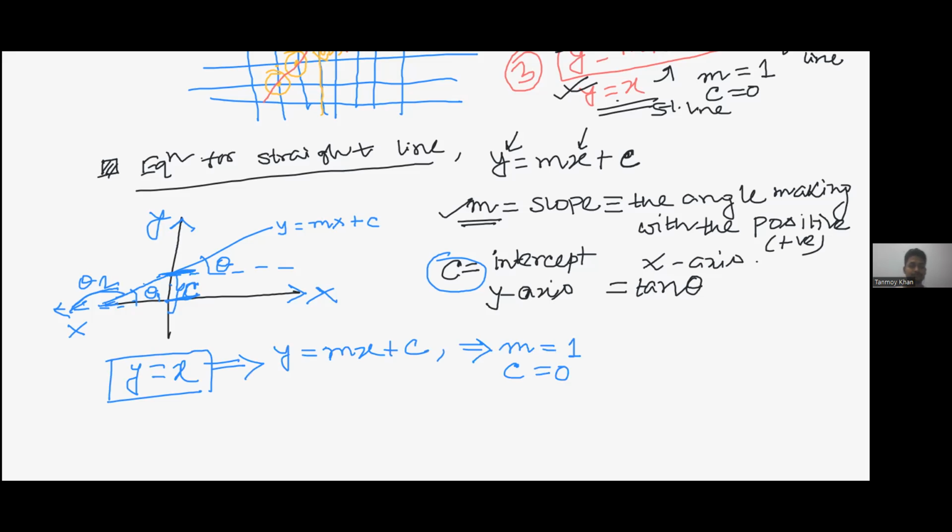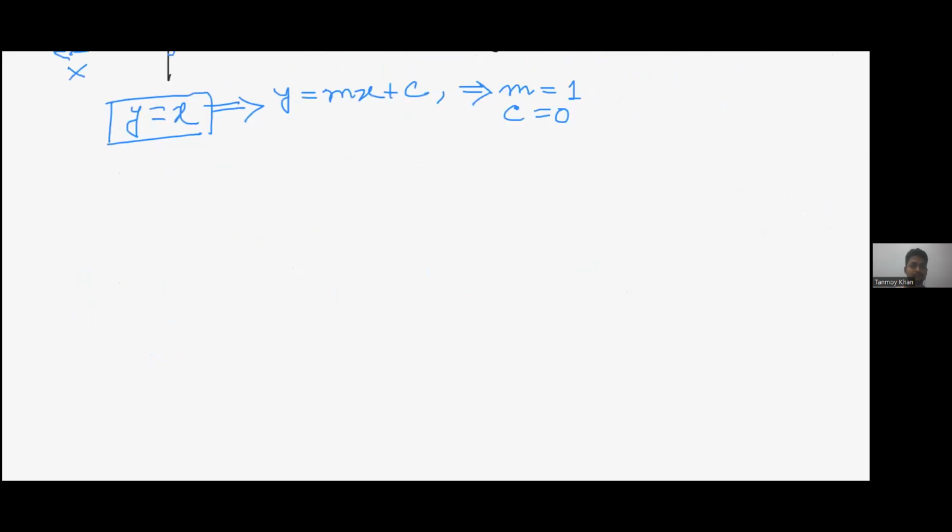That means if this is your coordinate, this would be the line, right?